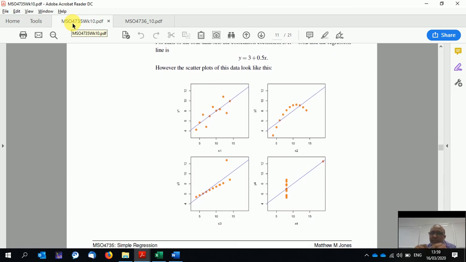Now, briefly, if that's a number line and 0 is in the middle, then my value of R, my coefficient of correlation, will vary between -1.